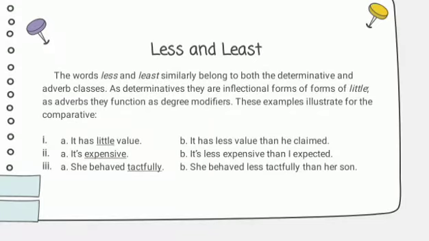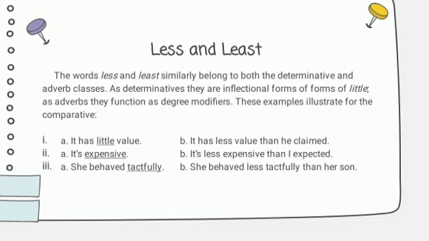Less and least. The words less and least similarly belong to both the determinative and adverb classes. As determinatives, they are inflectional forms of little. As adverbs, they function as degree modifiers. These examples illustrate this for the comparative.